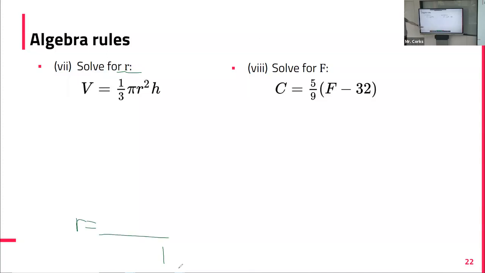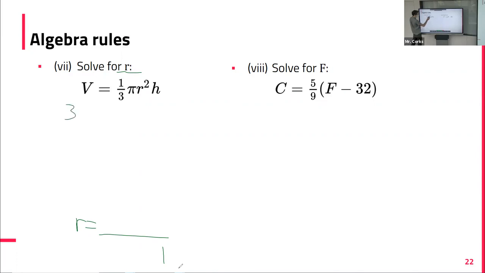So we want R to be alone on one side and everything else to be on the other side. So what is our first step here? Okay, we'll do these just one at a time so we can see what's happening.